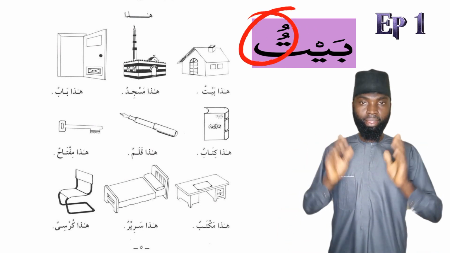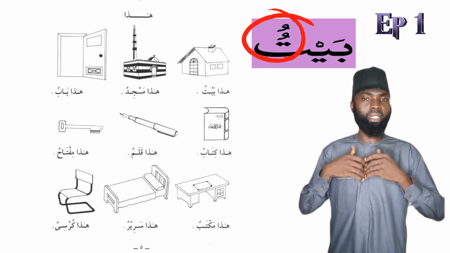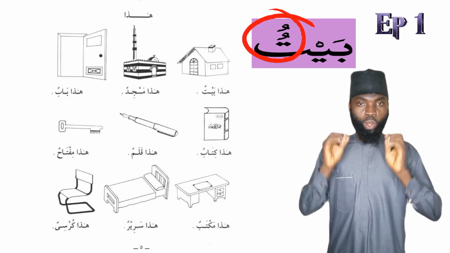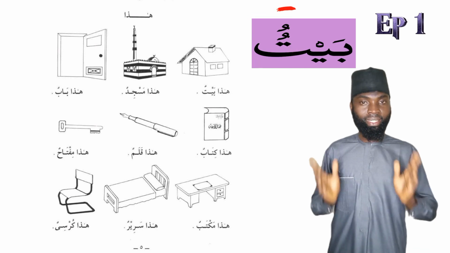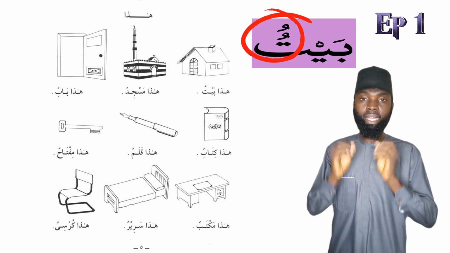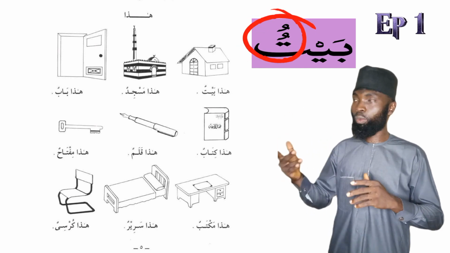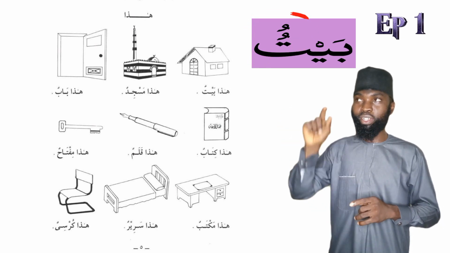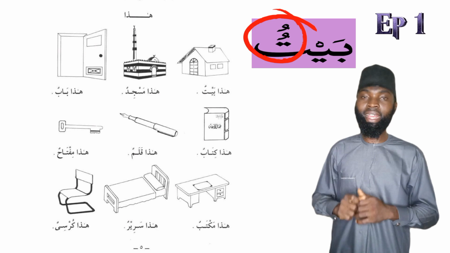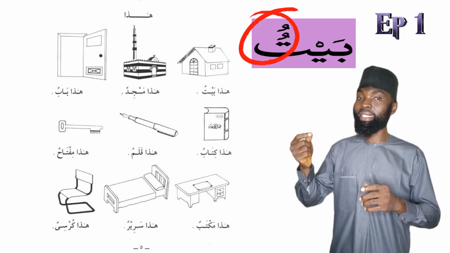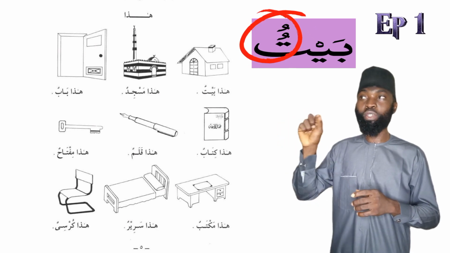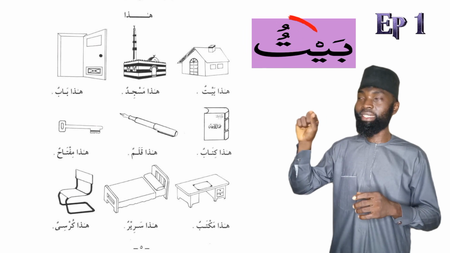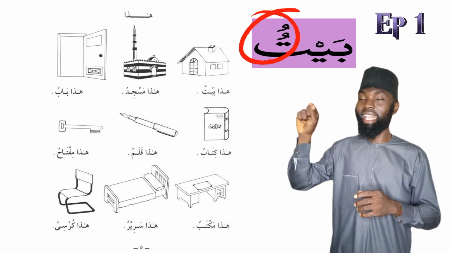A house is indefinite. We don't know which house. The same thing in Arabic language. So the tanween there signifies indefiniteness. So that's where we got the a from.